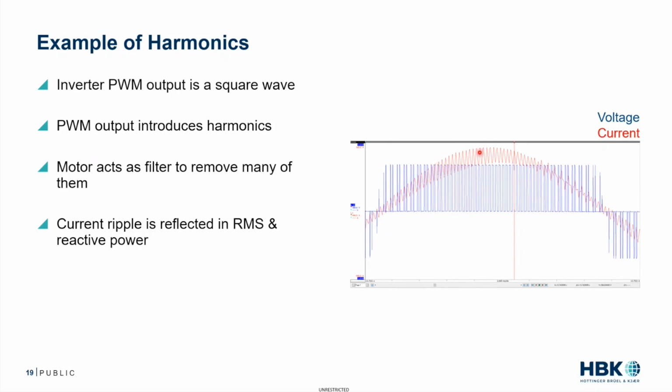The current has a really nice ripple to it. The voltage has those square waves, and I think you can imagine that if we multiply voltage times current, we get a pretty interesting power output. Fortunately, the motor acts as a filter to remove most of these harmonics from what we see at the shaft output.